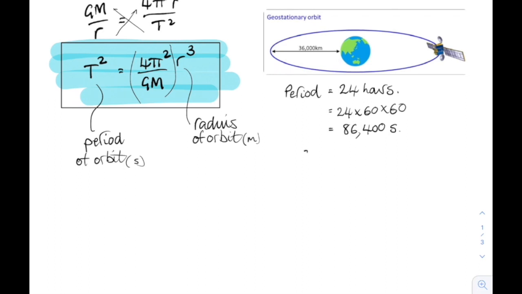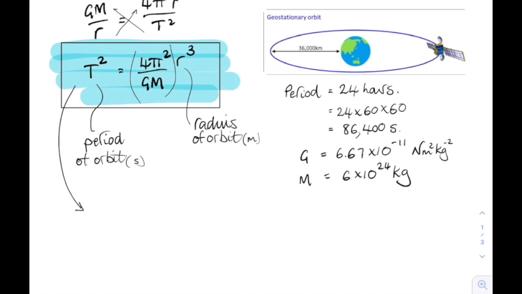We can substitute that into the relationship, along with the value for big G, Newton's universal gravitational constant of 6.67 times 10 to the minus 11, and the mass of the Earth, which is 6 times 10 to the 24 kilograms. I better put my units in for big G as well. It's Newton metre squared per kilogram squared. Okay, let's do that. Let's substitute all of them in.